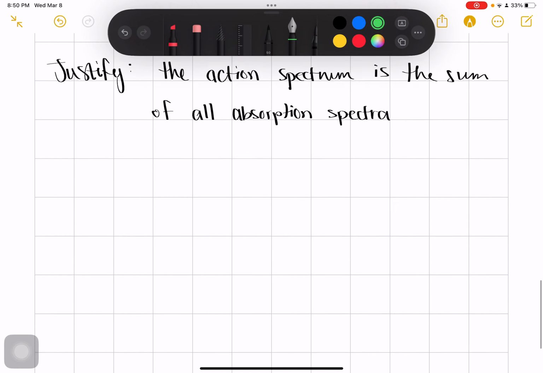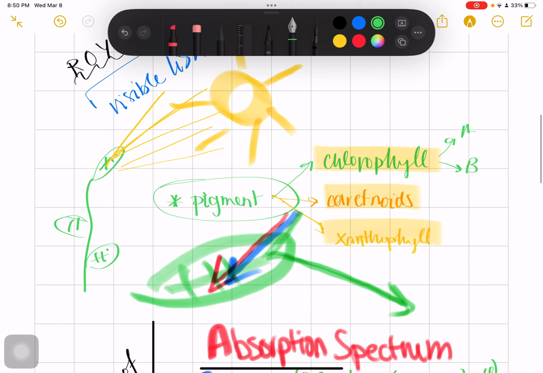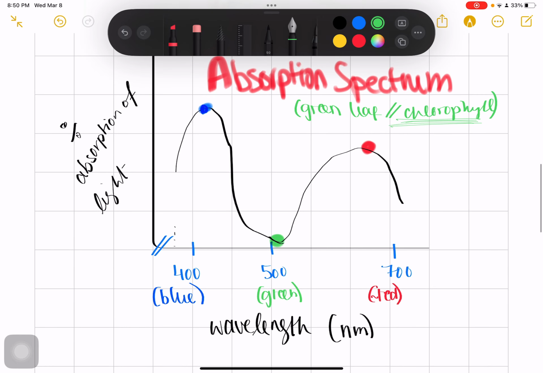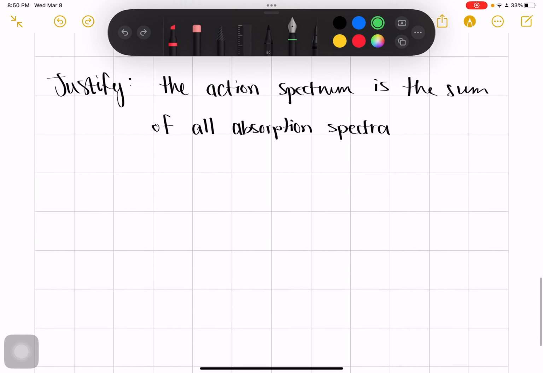Therefore, when we say the action spectrum is the sum of all absorption spectra, we're talking about chlorophyll, carotenoids, and xanthophyll. That's why the graph looks slightly different down here, around this area, but it's not a very big difference that's significantly noticeable. That's why we say this phrase. It's a very important phrase, and if they need you to justify your answer, this is what you need to include.